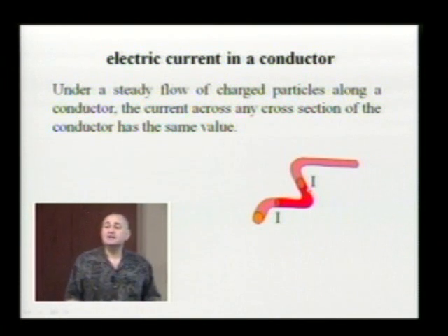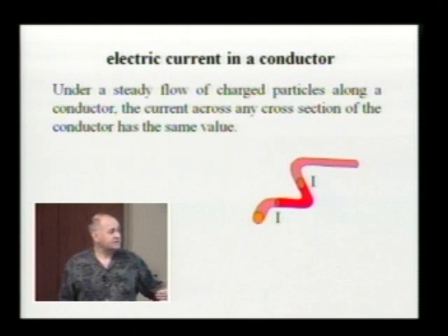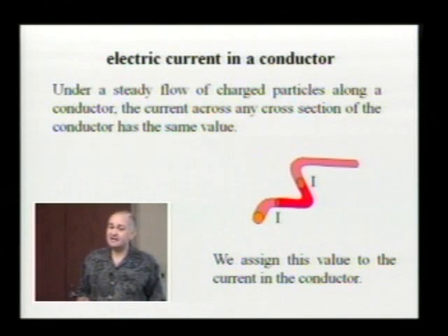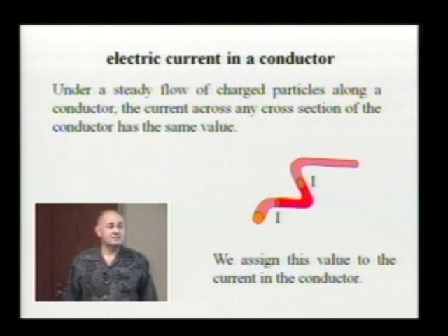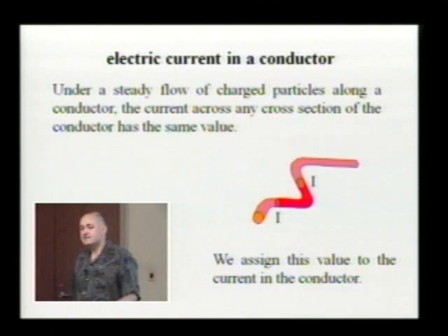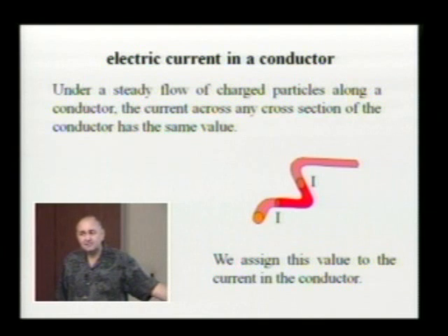considering this analysis, we can conclude that current through every cross-sectional surface in the wire has the same value. And we assign this value to the current in the wire. So when we say that current 1 ampere flows in a wire, we mean that current of 1 ampere flows through every cross-section of this wire.